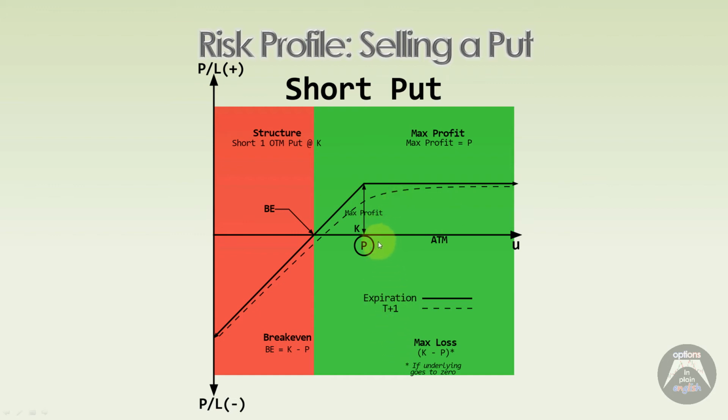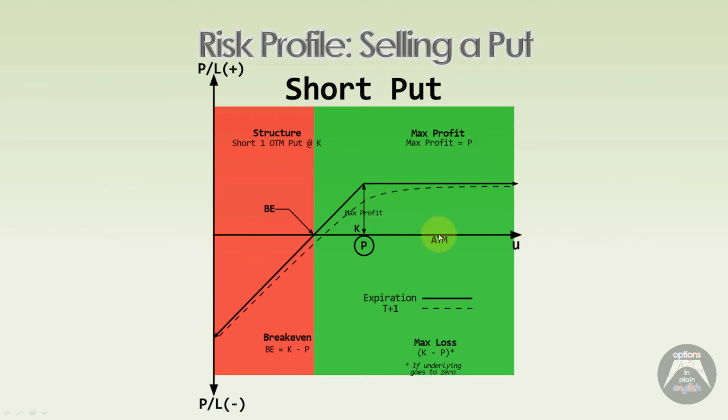So in a way, with this strategy, instead of betting on something happening, you're actually betting on something not happening. So your price can stay here, or it can go a little bit lower or much higher, and you're going to be making money in all those situations.